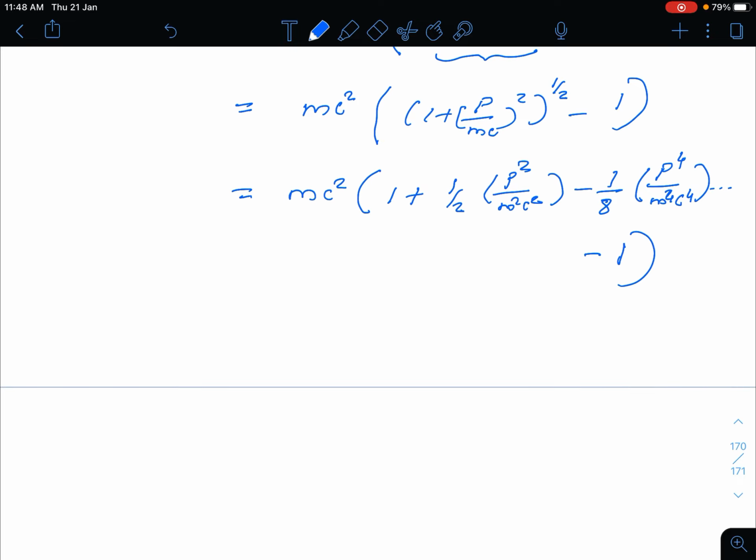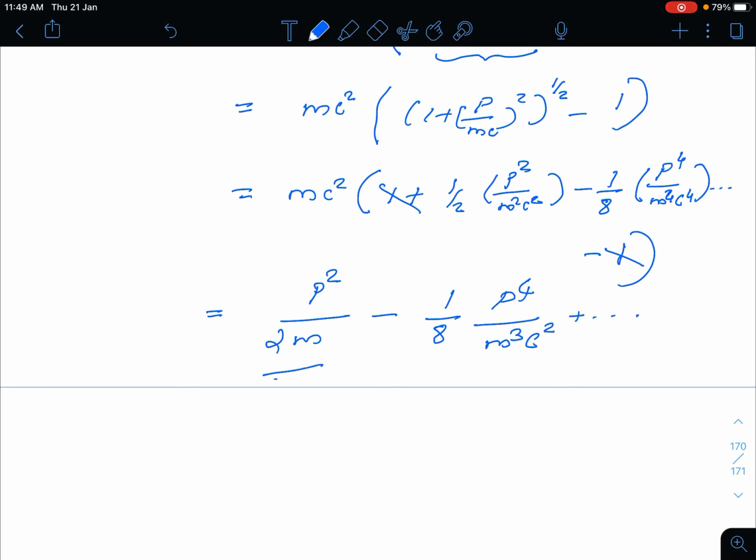So that is simply, c square cancelled, in the first term 1 cancelled, then what is left is half into p square by m square, so mc square gets cancelled, 2 is there, so this is the first term, minus second term is simply 1 by 8 p raised to 4 by m cube c square.